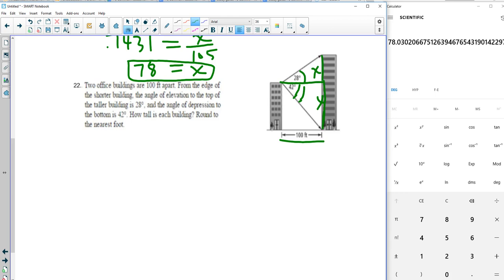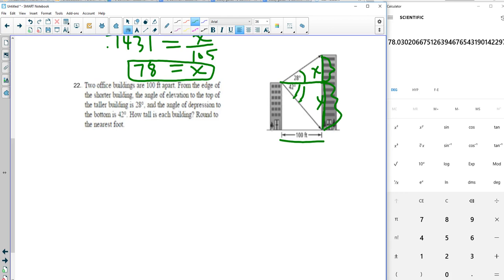So you have to find two things. First, the height of the shorter building. Then add that height to what we find from this angle of elevation to get the taller building. I'm going to do the shorter building first.